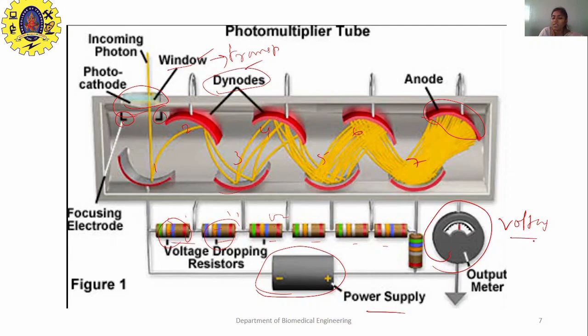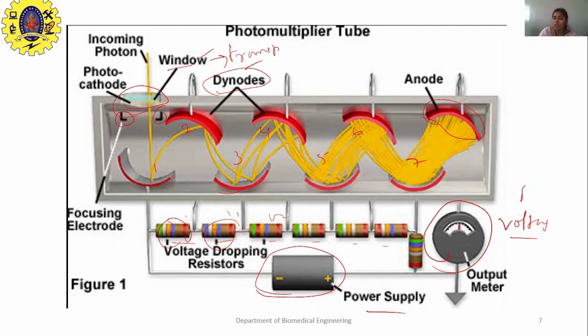Here the voltage signal, when compared to a phototube, is much stronger, because here you have the multiplication process. Even if you start with millivolts, at the end product you will get a good, strong signal, in the range of volts. That is the main advantage of the photomultiplier tube over the phototube.